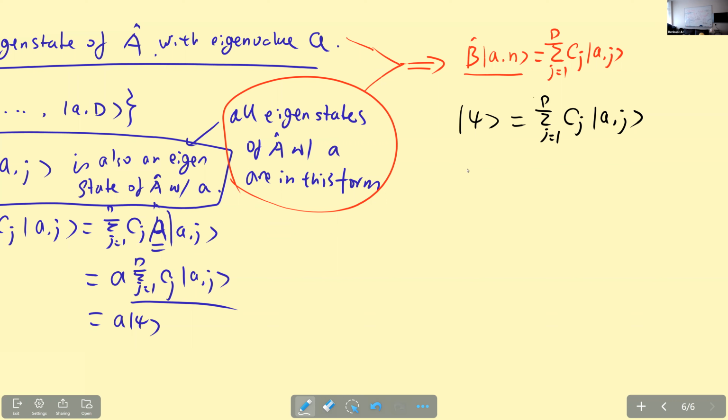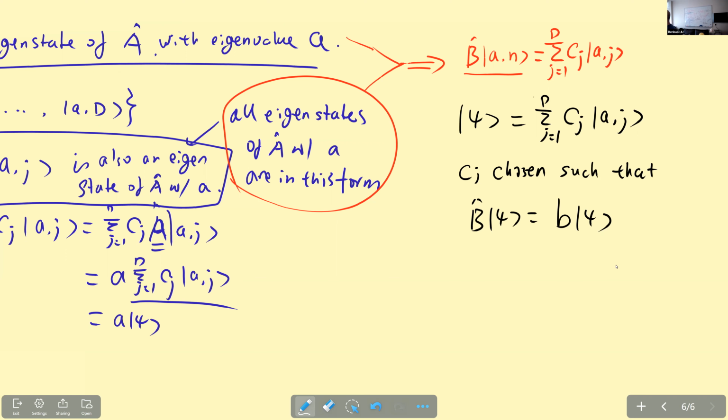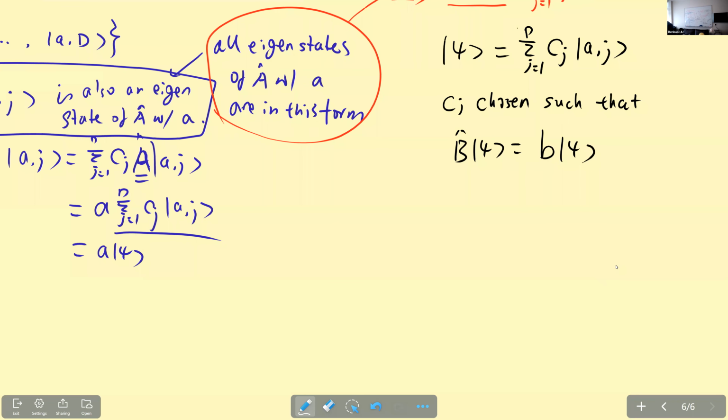And now if you choose these coefficients, on the left hand side we have this, on the right hand side this, and now you multiply on both sides.